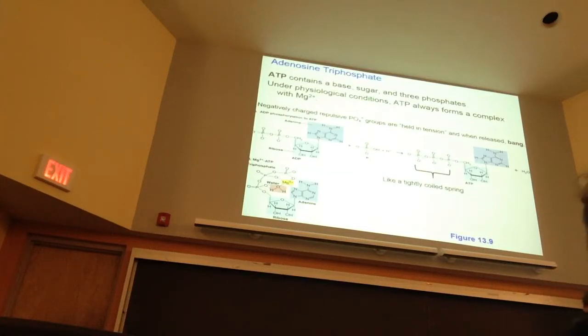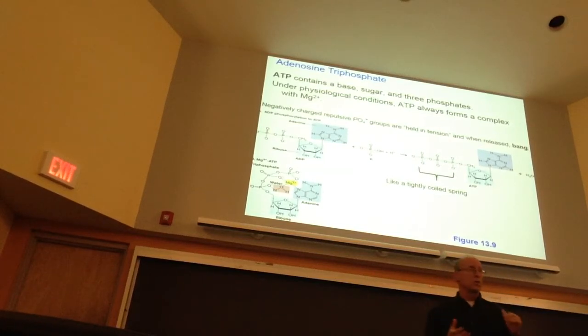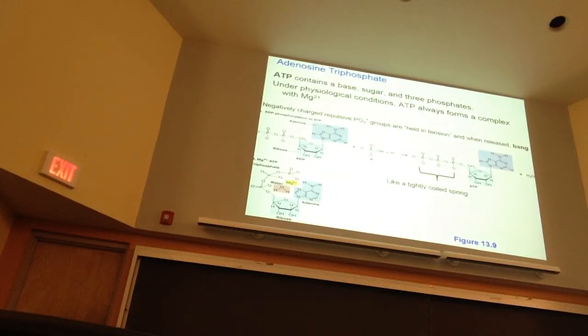That's kind of a thermodynamic thing, that all molecules are tending towards a minimal amount of energy, and so that magnesium allays some of that tension by neutralizing the negative charges.